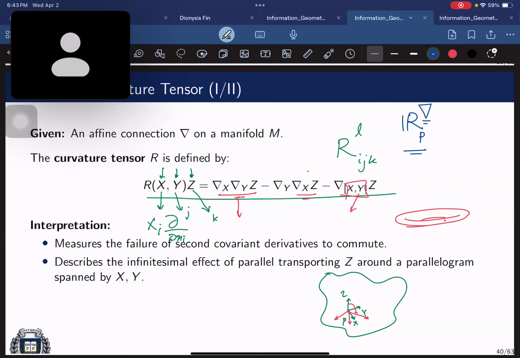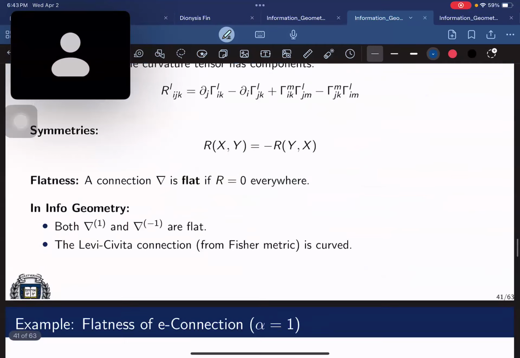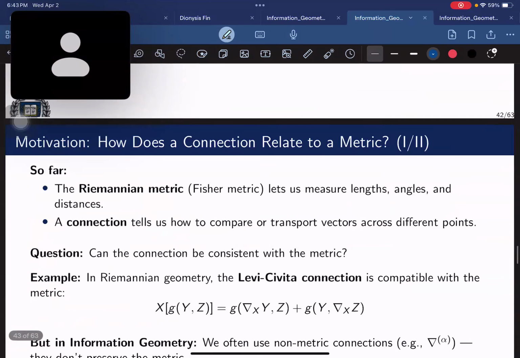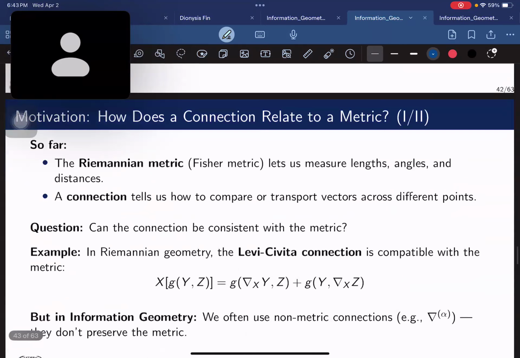But this curvature tensor has nothing to do with the geometry yet. Okay. This is the curvature, and then we need to consider the relationship between affine connections and the geometry itself.